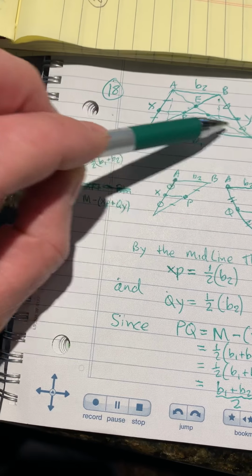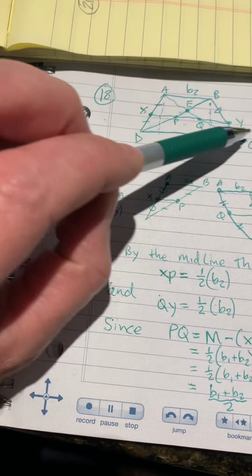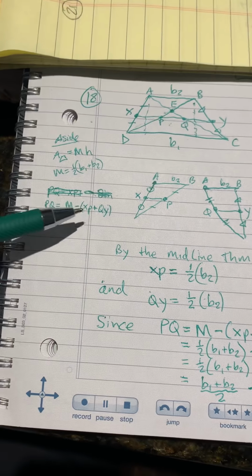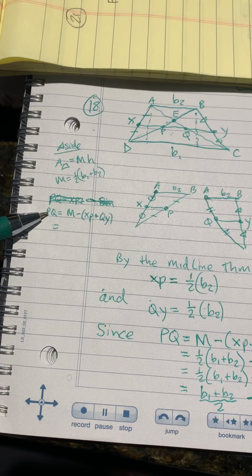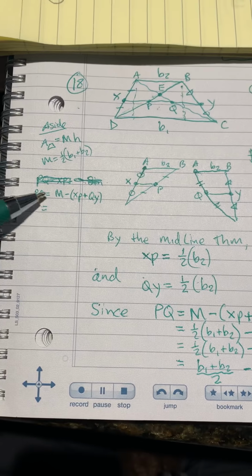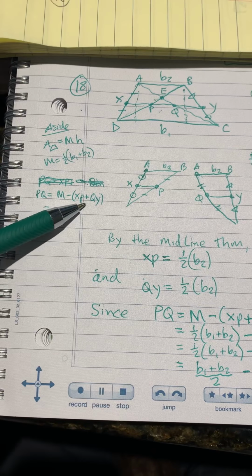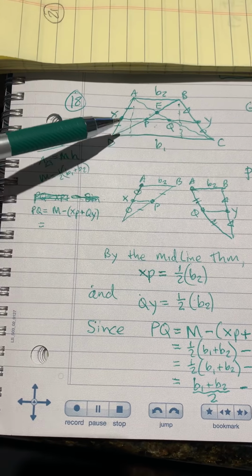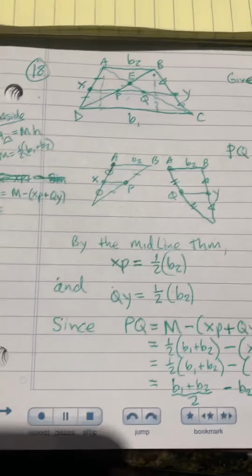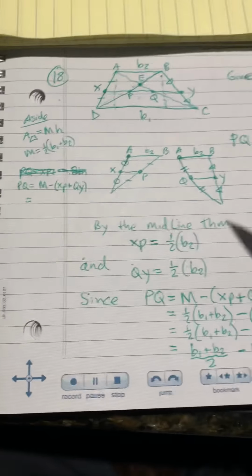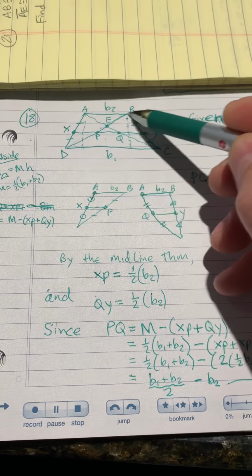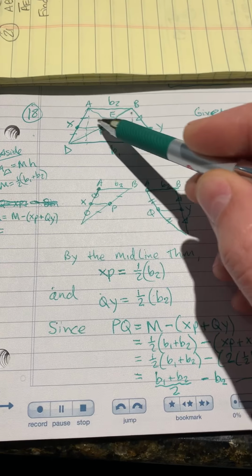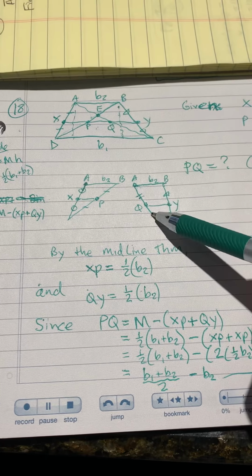PQ is just the length of my median minus these two pieces, is it not? That's what PQ is. And so I started by writing a formula for PQ. Well, it's the median minus XP plus QY, these little pieces here. I think it's easier to see, so I took this triangle out and this overlapping triangle out and I drew them here.